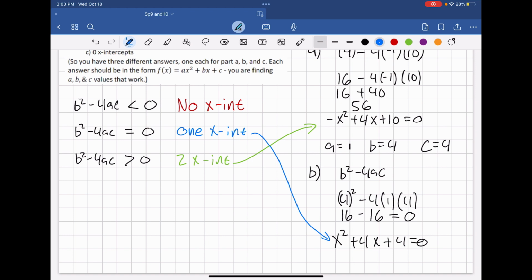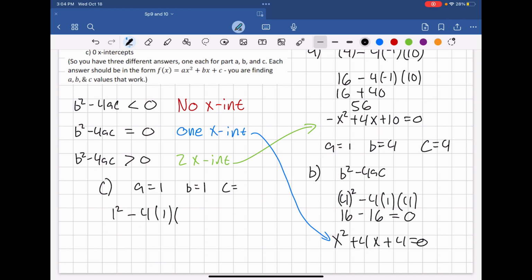What about no x-intercepts? So that's going to be part C here. No x-intercepts, we want it to be less than 0, or a negative discriminant. So we can have A is equal to, B is equal to, and C is equal to. Again, I'm just starting with B, and we can just do something small. We can do 1 squared, so B is equal to 1, minus 4. What should we do for A? We can just keep it 1.